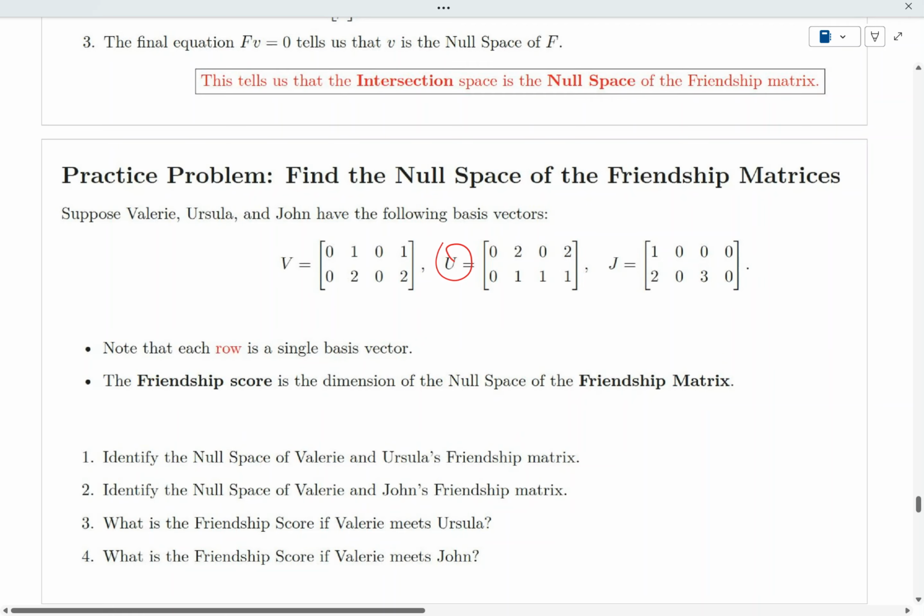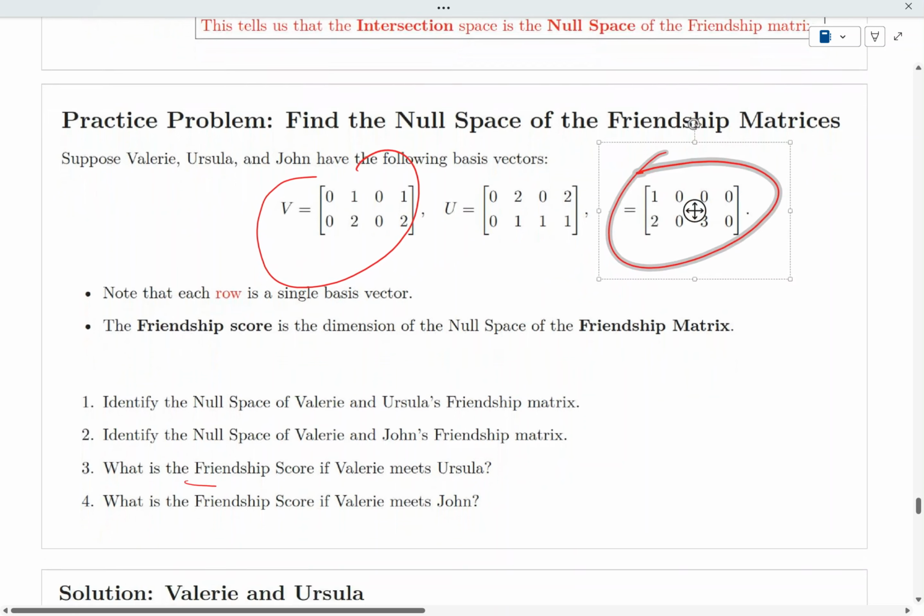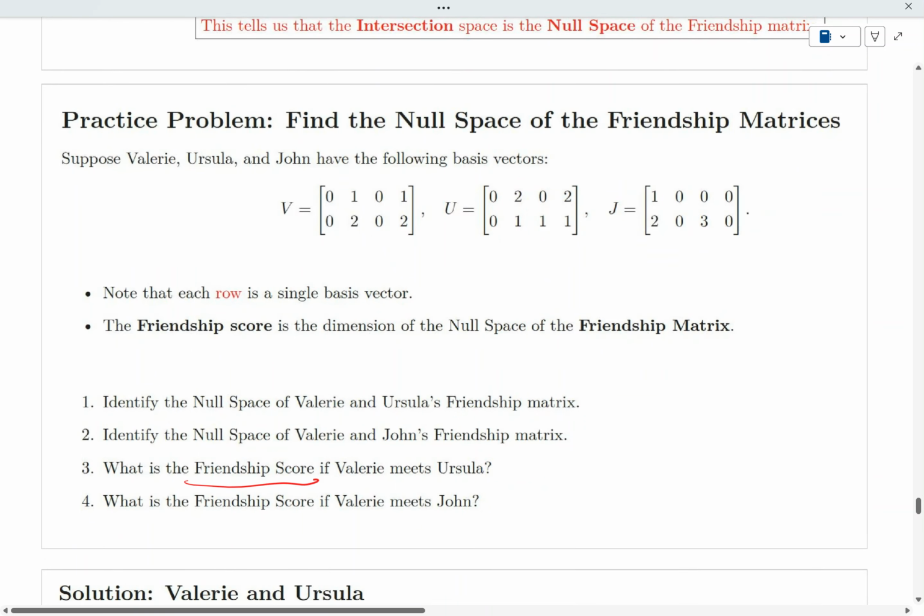Now, what you want to do is identify the null space between Valerie and Ursula, and then you can do Valerie and John, right? Then you can calculate the friendship score, which is just the dimension of the null space, and then you can figure out who is more likely to become friends with who.